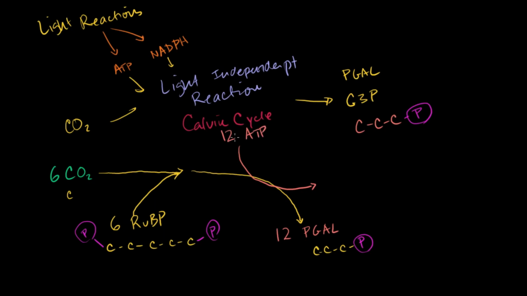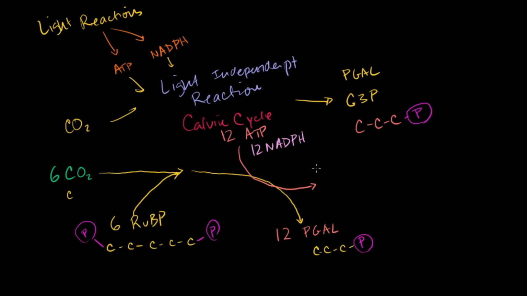So you could imagine 2 ATPs for every ribulose bisphosphate, and 12 NADPHs. I should say NADPH. I don't want to get you confused with NADH, it's very similar, but I don't want to get you confused with what goes on in respiration.